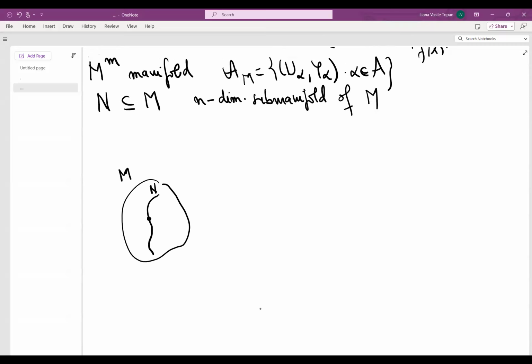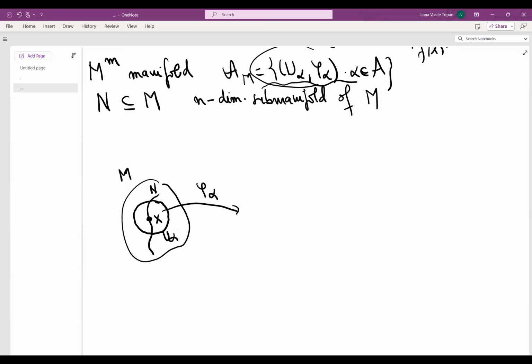So every time you take a point x here on N, you can find a local chart around the point x. It's a local chart from your original atlas on M. Because x is in N, it will be on M, so you can always find a chart around the point. So say a chart of the form, this is the domain U alpha, the domain of the chart, together with the homeomorphism phi alpha.